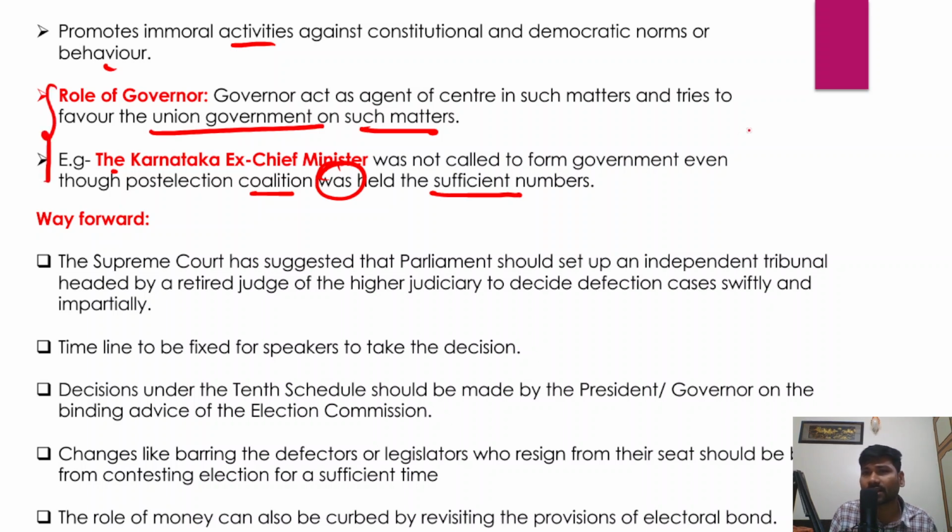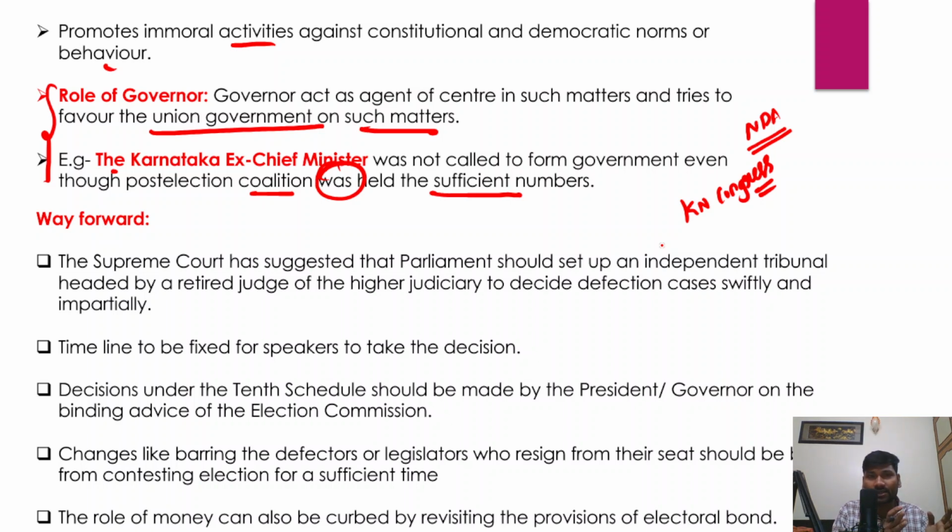For example, imagine that the NDA government is in power. Now the NDA government is in power, and say for example in Karnataka, Congress is in power, right? So this happened while Congress was at the center also.